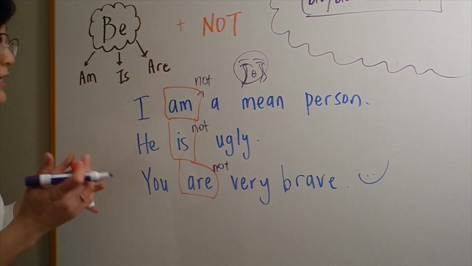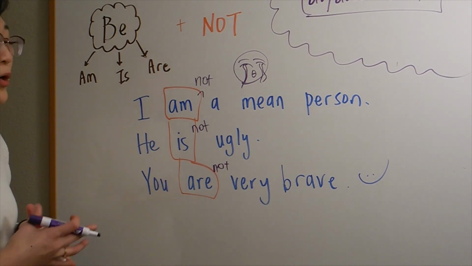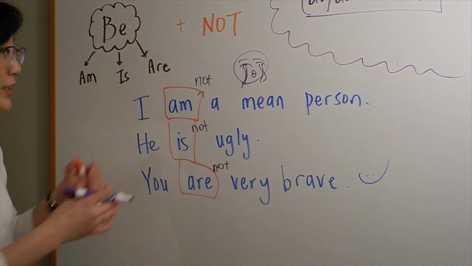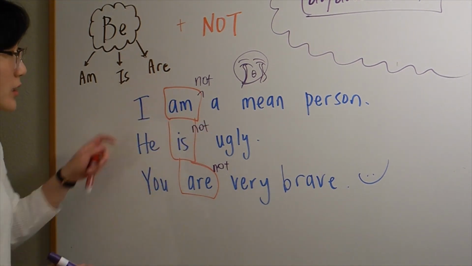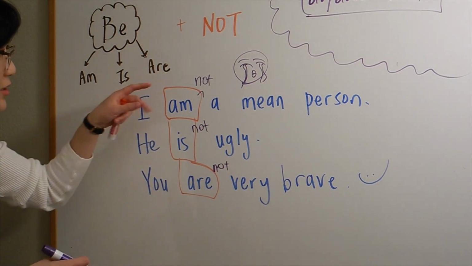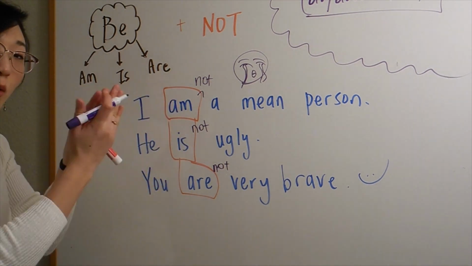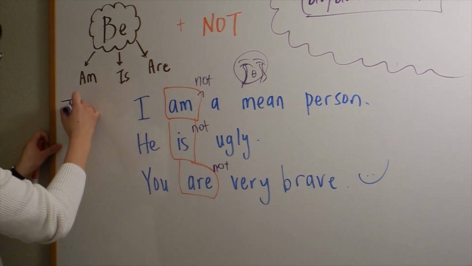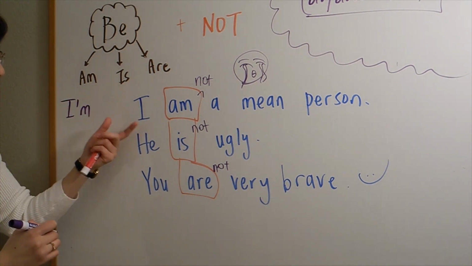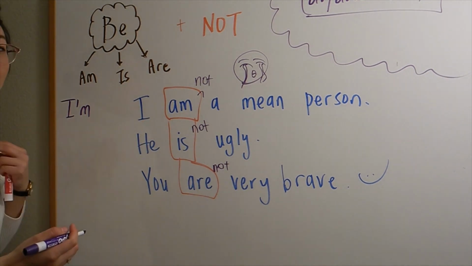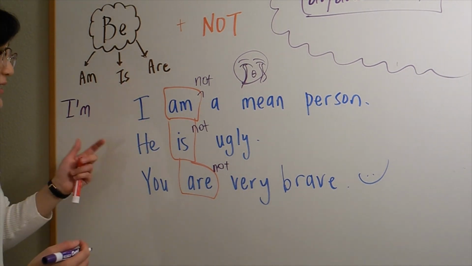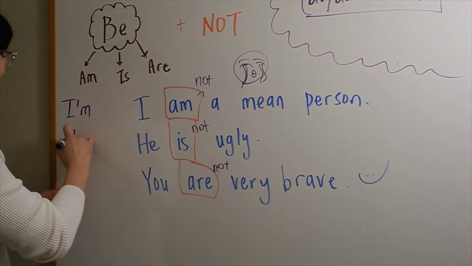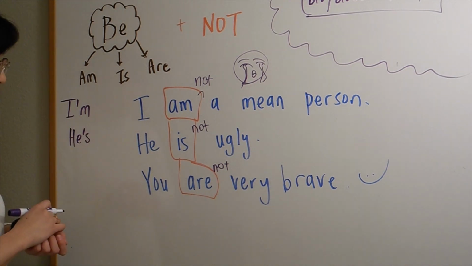Now, as we talked about before, we'll learn in another video how we can shorten these. These pronouns and these verbs can be shortened, right? For example, I am. I'll show you a little bit. We can say I am or I'm. I could say he is or he's, right?